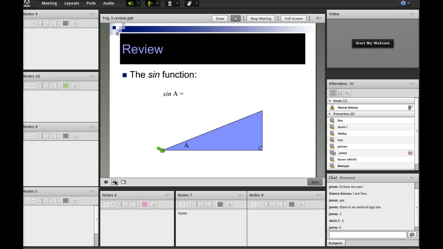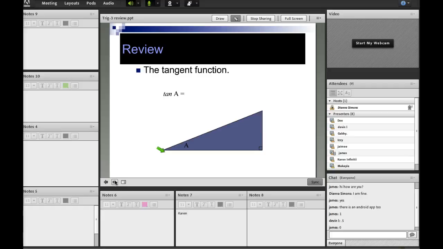Review of sine. If I want sine of A, I'm going to take opposite over hypotenuse. Cosine is adjacent over hypotenuse. And the last one, tangent. Ladies and gentlemen, somebody tell me what tangent is going to be. You can type it in the chat box, or you can type it in Notepad. What is tangent? Just thinking about the sides.